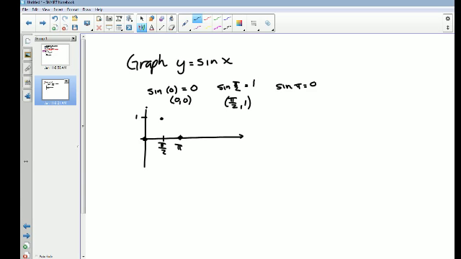So, you have a lot of the knowledge you need to build this curve. The other values that I want to look at, sine 3 pi over 2, that's 1.5, right? Is negative 1. And then sine of 2 pi is back to 0.